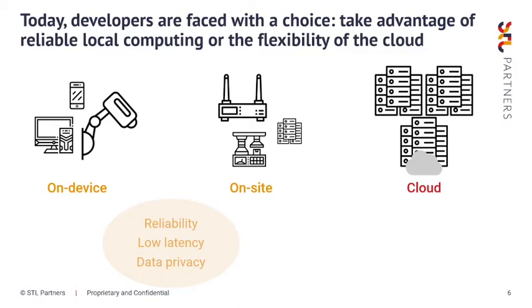You're able to ensure applications can have low latency, so there's less of a lag between where the application is processed and where the end user sees the results of that, or where the data is generated. And then the last thing, there's increasing concern around data privacy, and a lot of the time enterprises in particular want to keep that data on site to ensure that they have control over where the data lives.